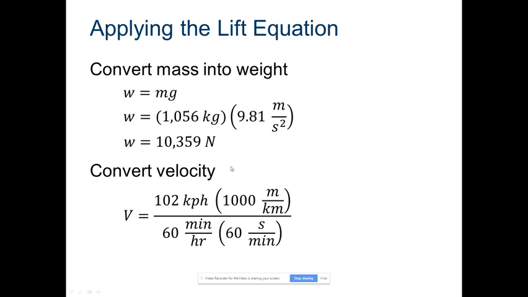Then you convert your velocity. It will generally give you a velocity right here, so you will put in your new velocity here, and then the rest of this should be given. We're looking for meters per second on that.